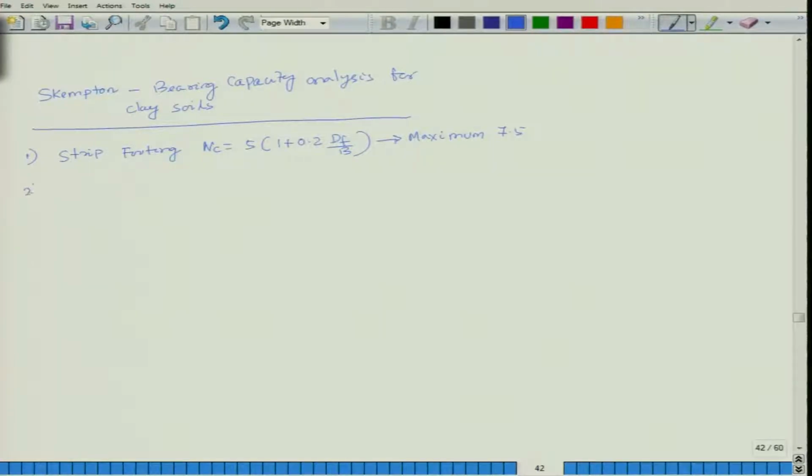Then the second is your square and circular footing, Nc is equal to 6 into (1 plus 0.2 Df by B), with a maximum of 9.0.